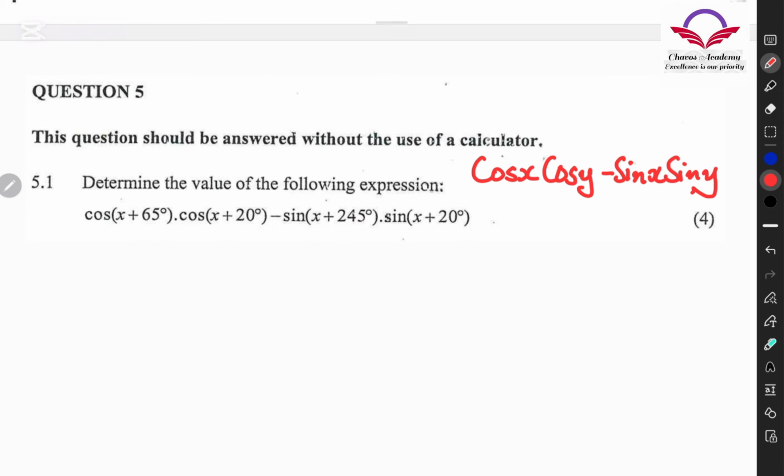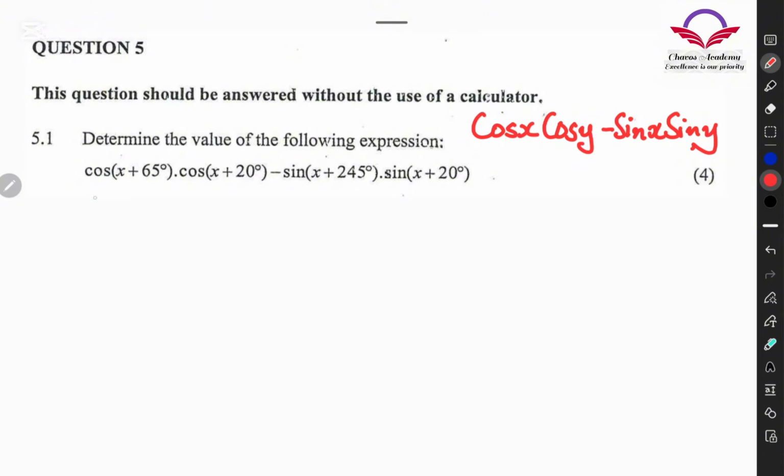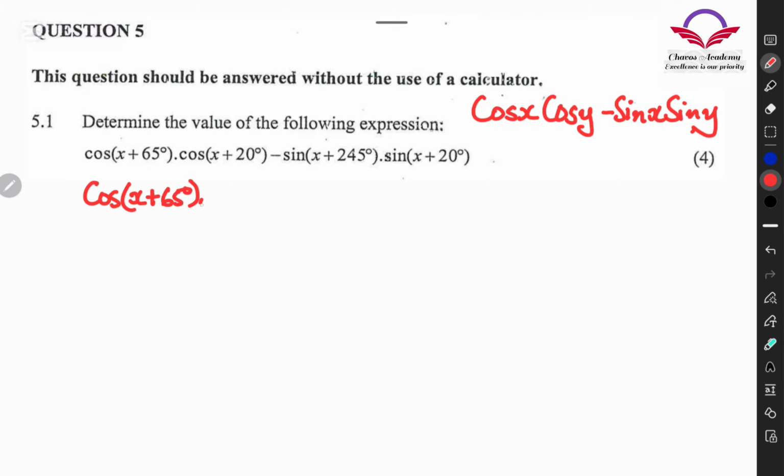Let's do so now. We're going to say, okay, this will be cos of x plus 65, cos of x plus 20, minus sine of, let's have 180 plus x plus 65.